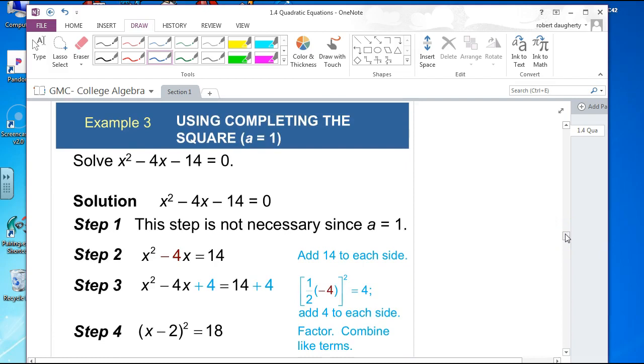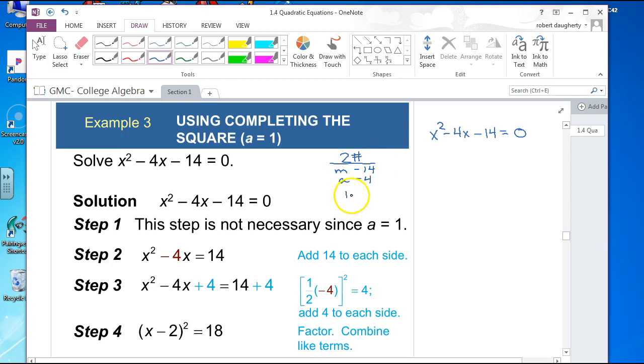x squared minus 4x minus 14 equals 0. If this can be factored, I would need to find two numbers that multiply to negative 14 and add to negative 4.